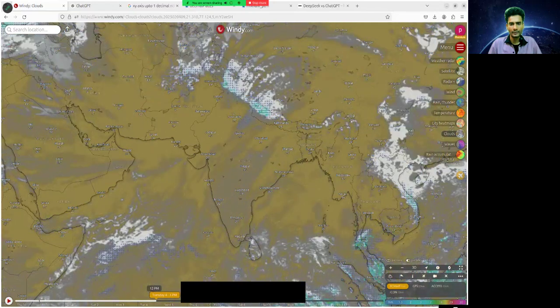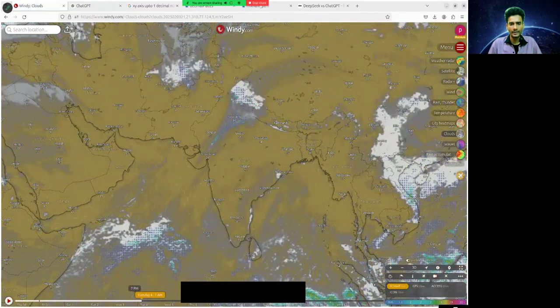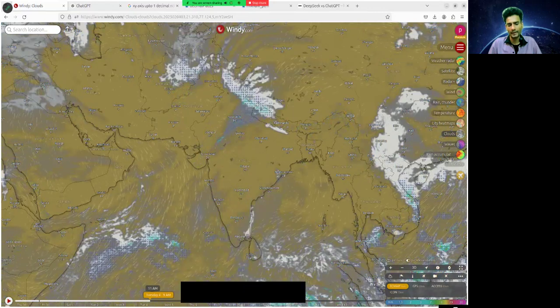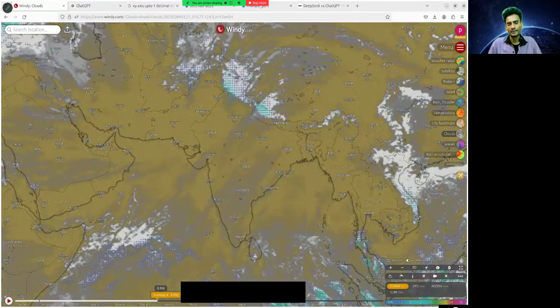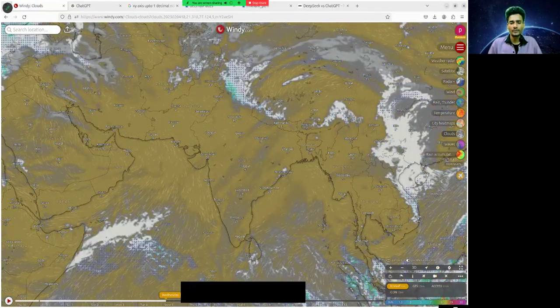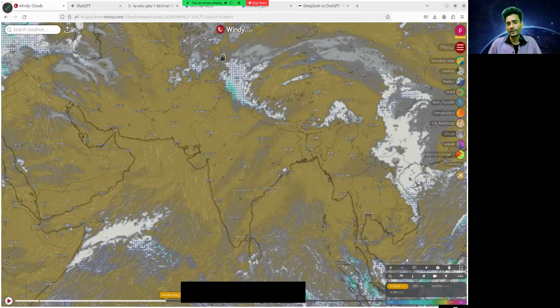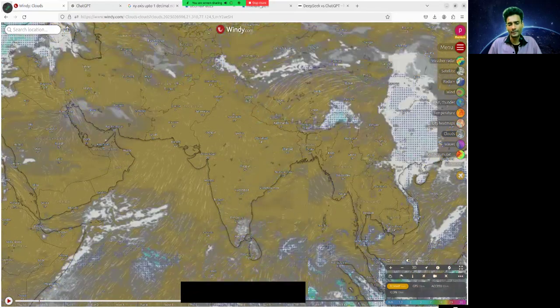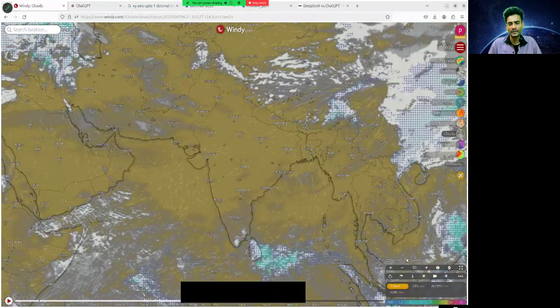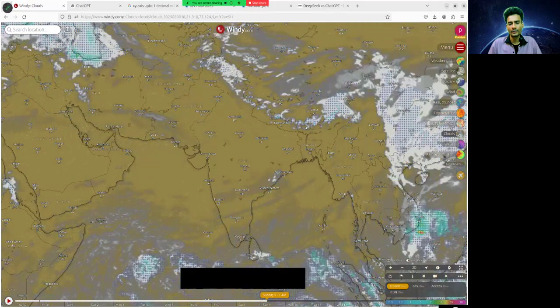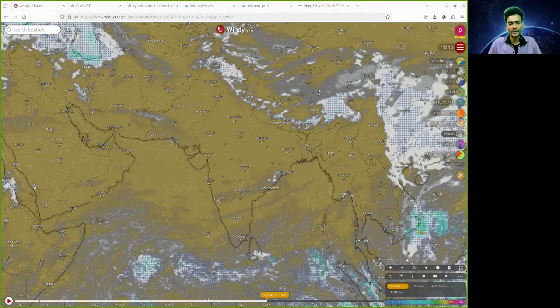Parts of northern India may experience some rainfall, but the intensity of it was not as expected by the previous model runs. This is the significant activity we would say over the northern part of India. Apart from that, after 6th of February, there is no significant weather activity as such.